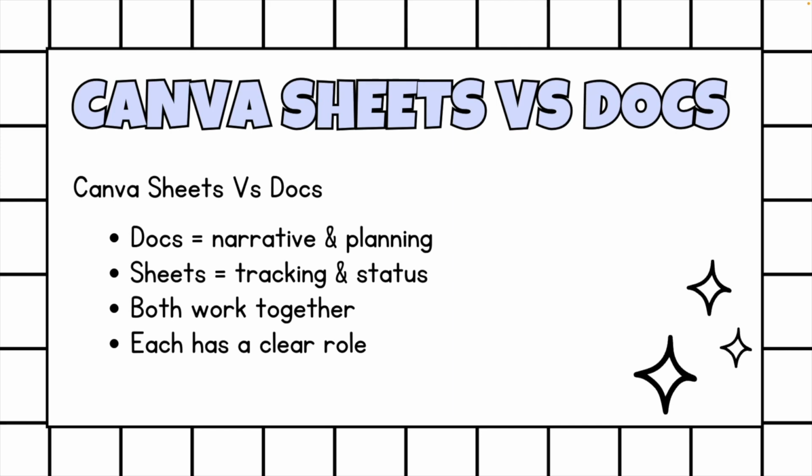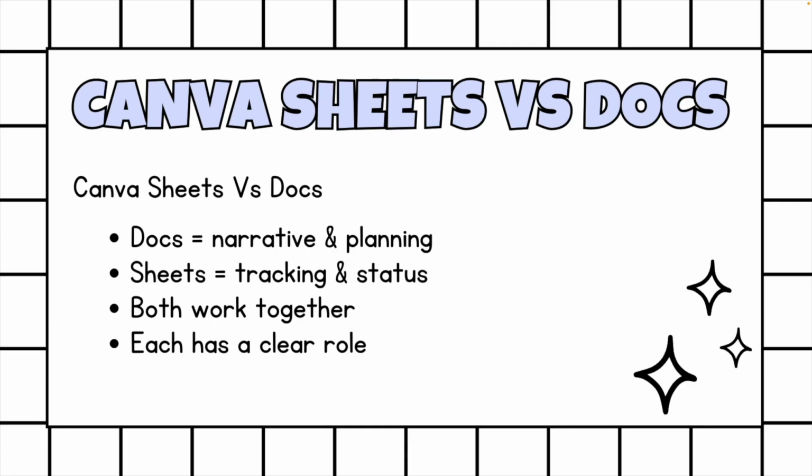On the other hand, Canva Sheets are your go-to for tracking and status. They will help you keep an eye on all the moving parts, ensuring everything runs smoothly and stays on track. One key point to remember is that both have distinct roles, but work together seamlessly.